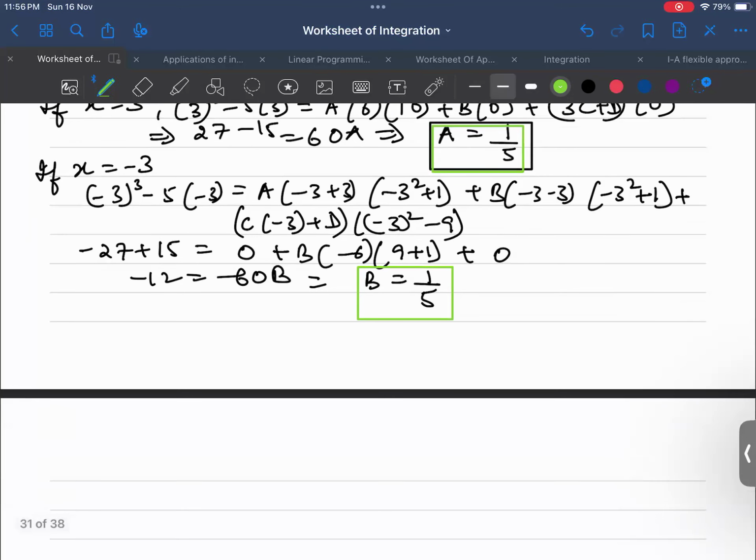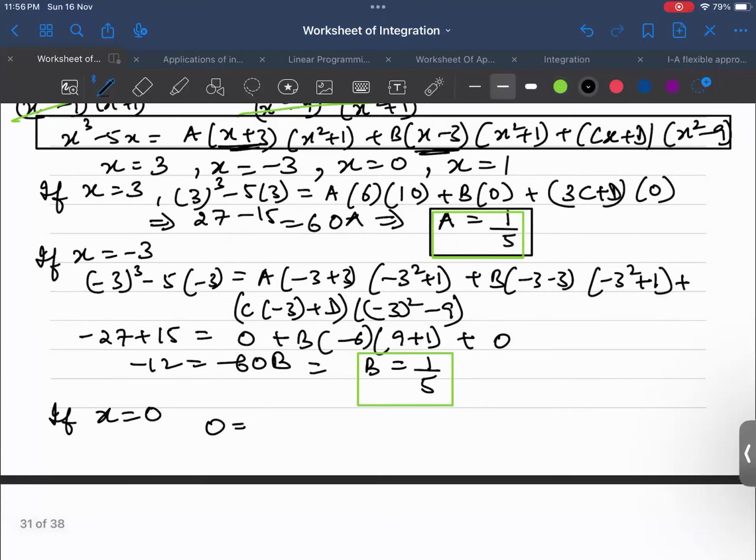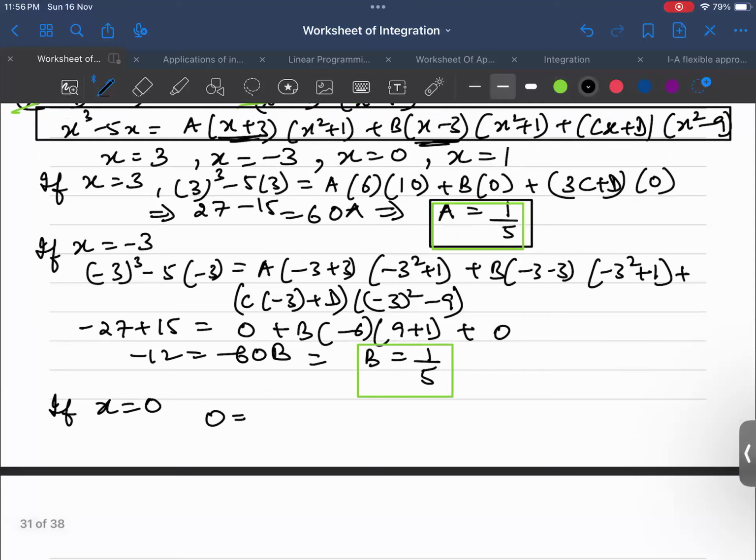Right? Now, if x equals 0, it would be 0, because x will be 0: 0, a times 3, plus b times minus 3, plus d times minus 9.